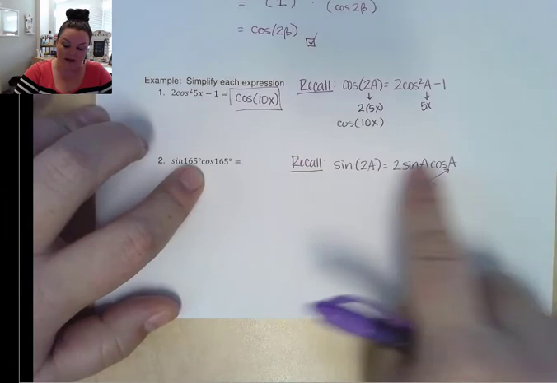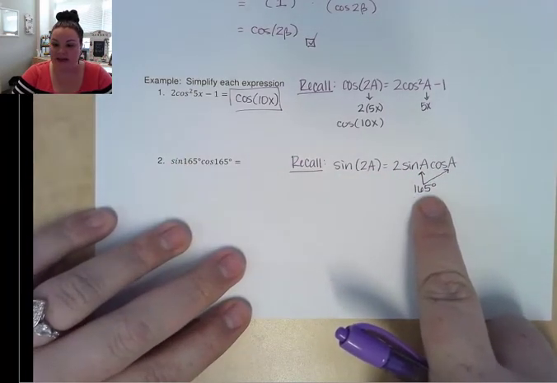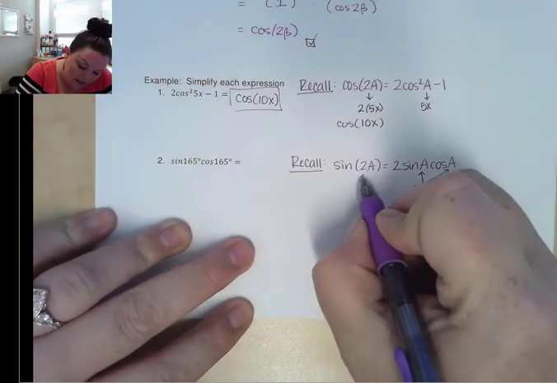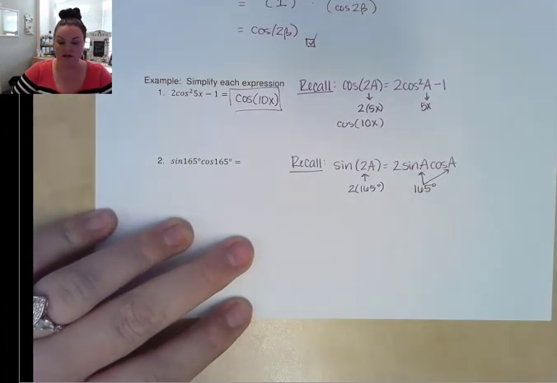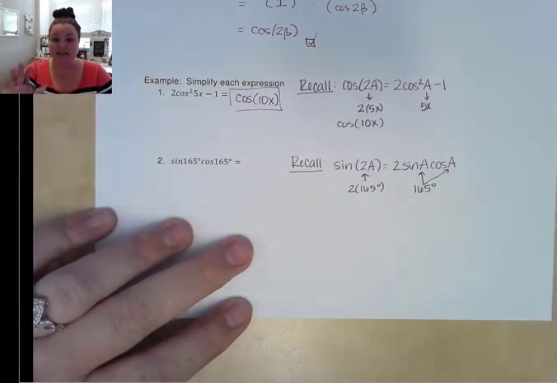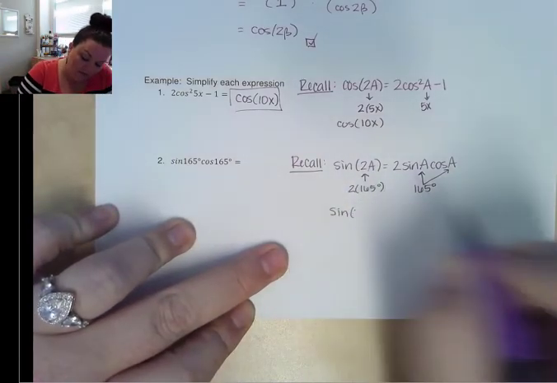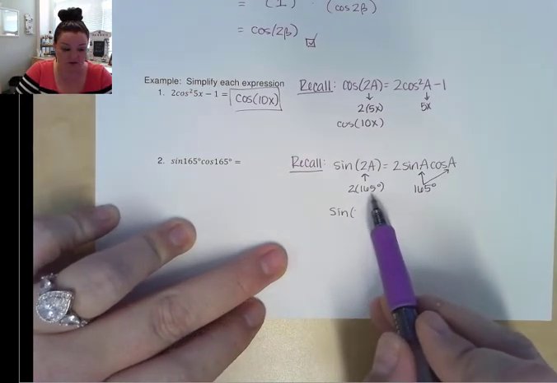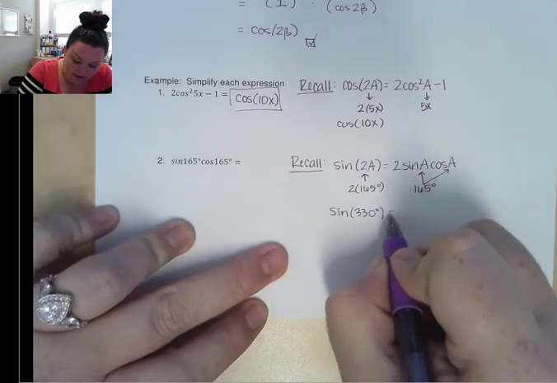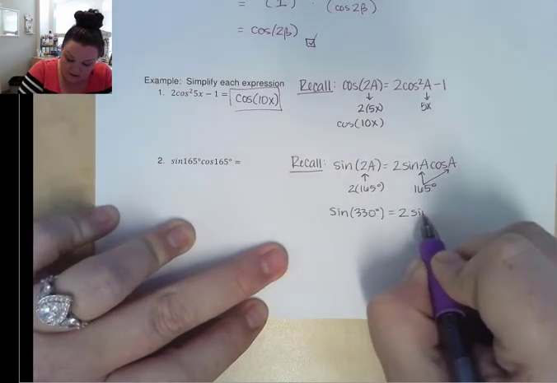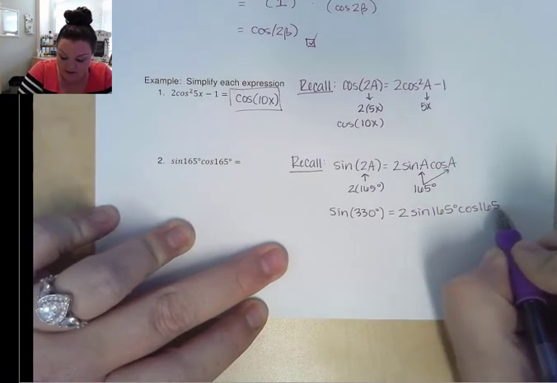So I just want to rewrite this whole formula with that 165 degrees. So if A is 165, then inside here we have 2 times 165 degrees, right? So I'm just going to rewrite the formula, putting in that angle value. So that means we have sine of 2 times 165 degrees, which is 330 degrees. So sine of 330 degrees is equal to 2 times sine 165 degrees cosine 165 degrees.